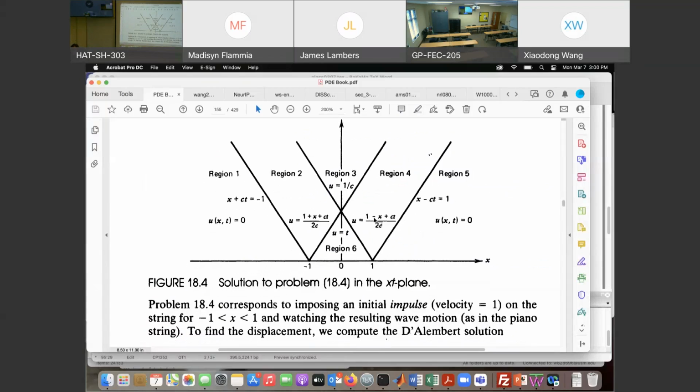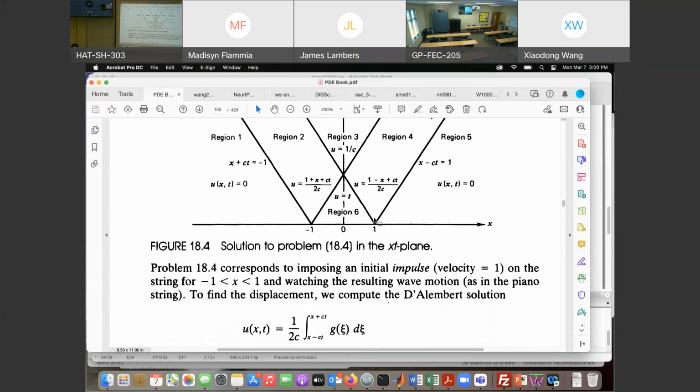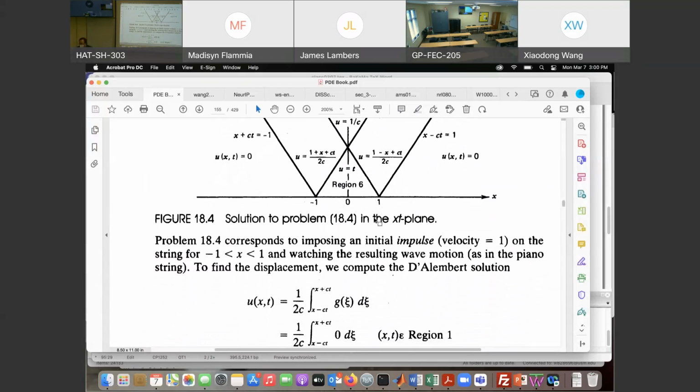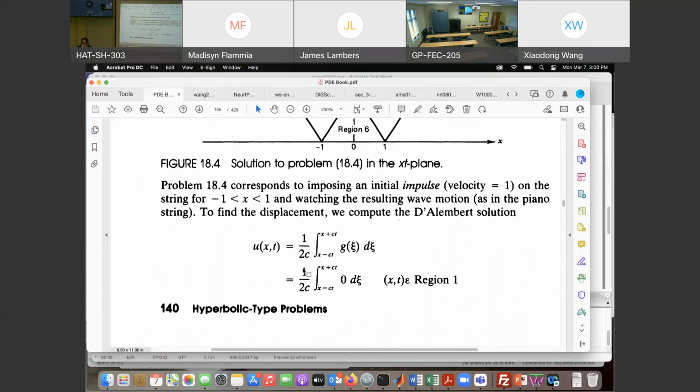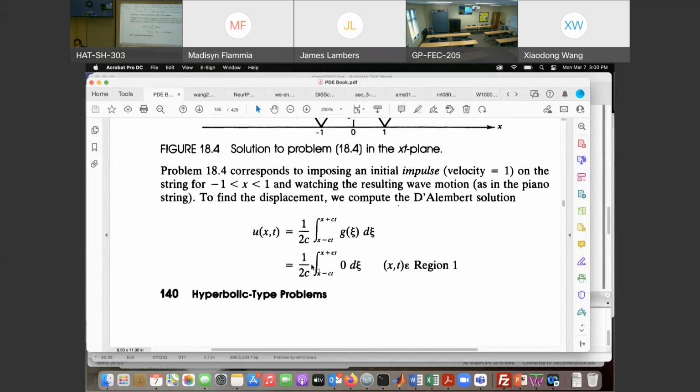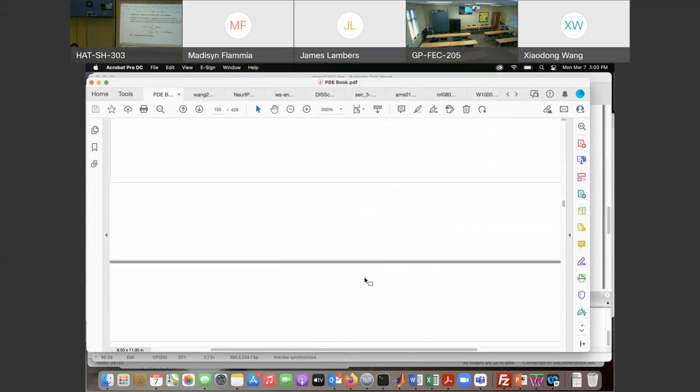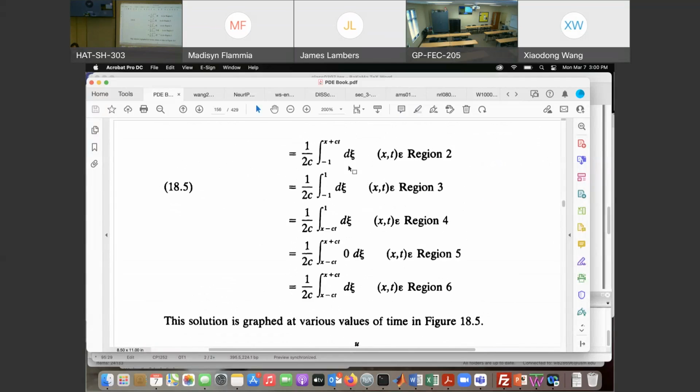Now, what you can see here in the textbook is, for the different regions 1 through 6, what the integral actually reduces to for this given initial data. And what we can see is, for regions 2, 3, 4, 5, 6, notice the limits have changed.